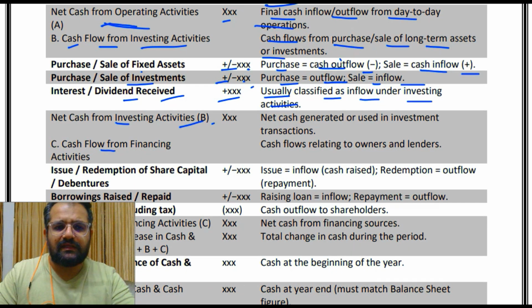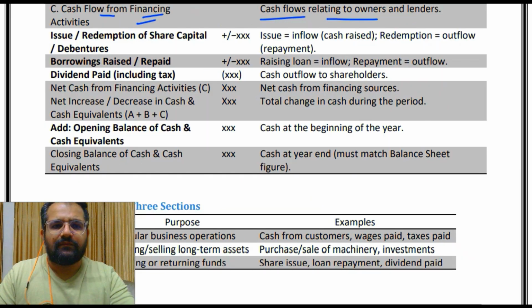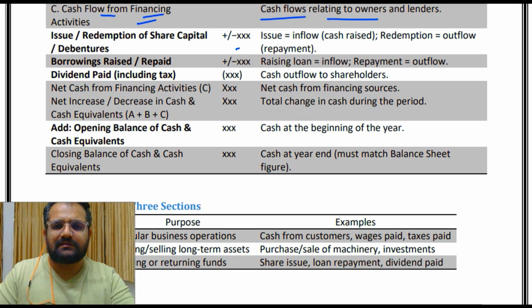Then C. Cash flow from financing activities, some amount: net cash generated or used in different transactions, cash flows relating to owners and lenders. Then issue or redemption of share capital या debentures, plus minus some amount: issue is inflow, cash raised; redemption is outflow, repayment. Borrowings raised या repaid, plus minus some amount: raising loan, inflow; repayment, outflow.